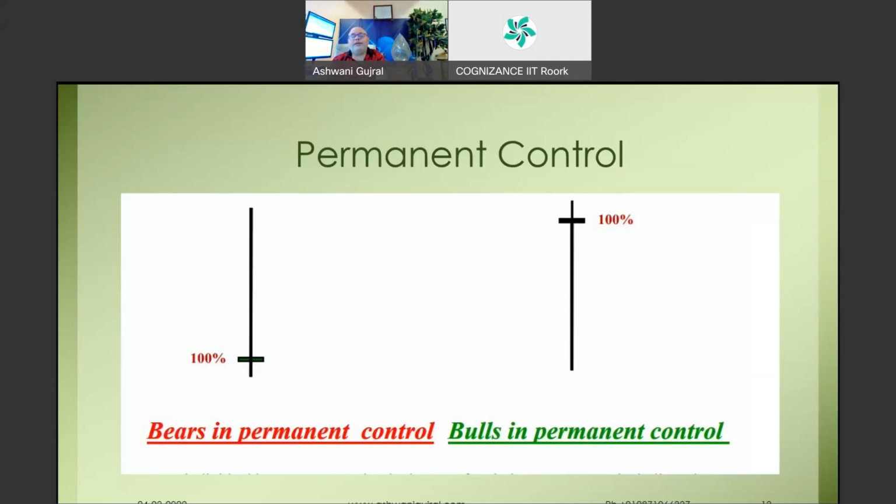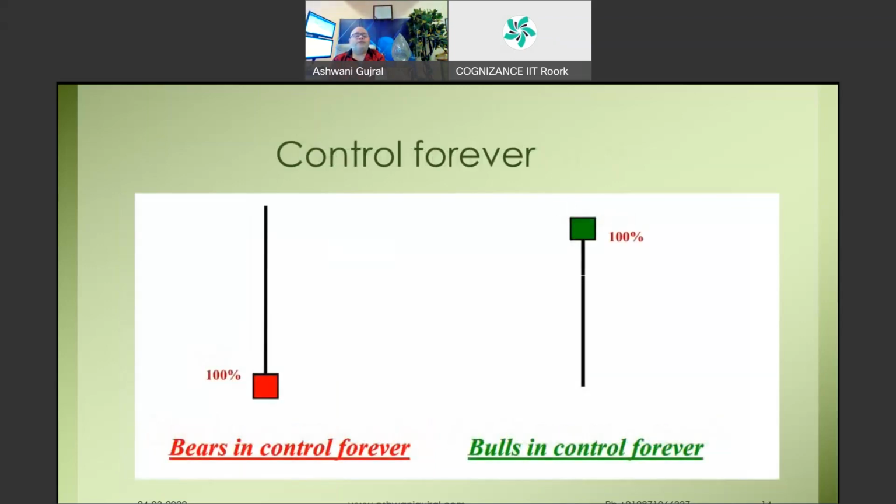Similarly, on the bullish bar, again, previously the bears were able to close at the day's open. Here, the bears were able to close the market below the open. So this is an even stronger bearish bar than earlier.